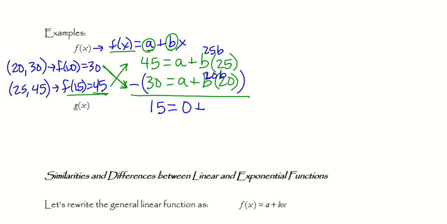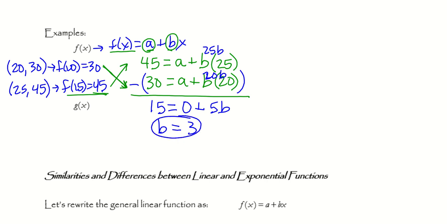And 25b minus 20b is 5b. Right, so I've eliminated a from my equation by combining these 2. I can now solve for b by dividing both sides by 5, and I get that b must equal 3. Right? That's one of the things I need to know.